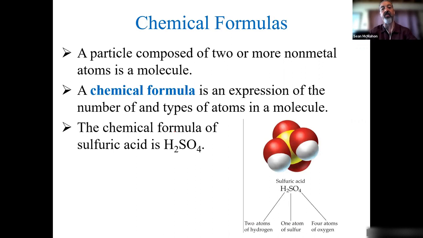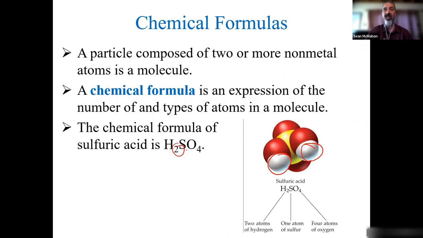So here's an example. We have H2SO4. All right, so this is sulfuric acid. So it's pretty obvious. The subscript 2 means there's 2 hydrogens, the 2 white balls in this 3D model. We have the 1 sulfur. Notice there's no 1 as a subscript. If you write an elemental symbol and there's only 1 of that atom, you don't need to write a 1.